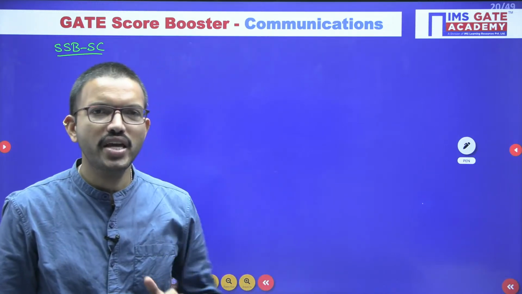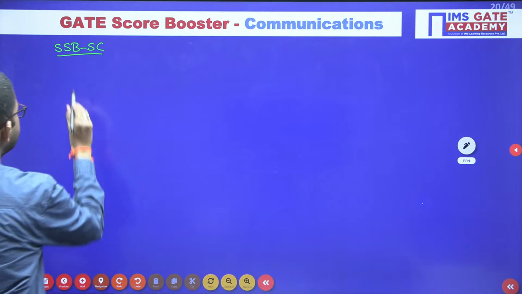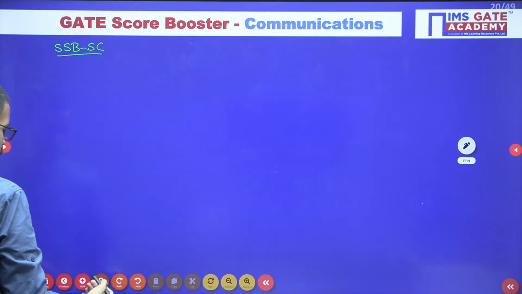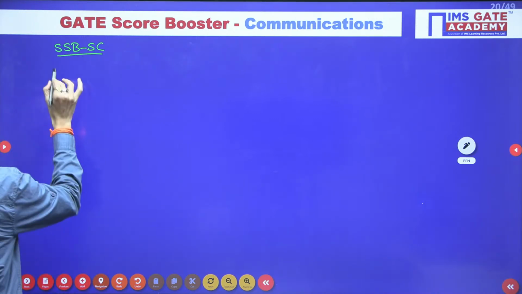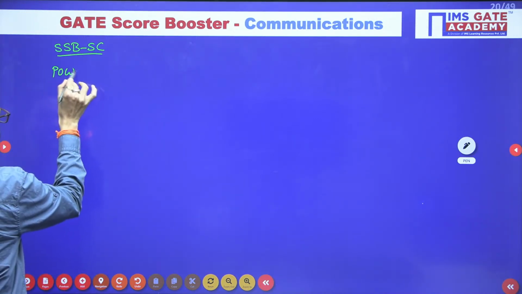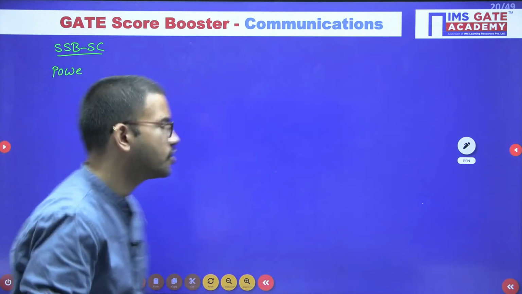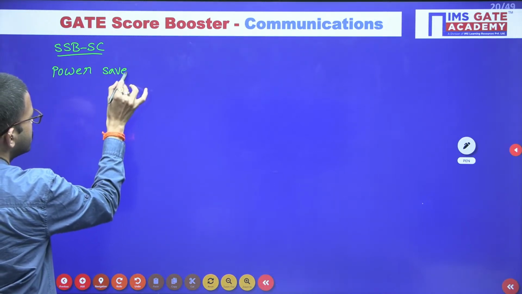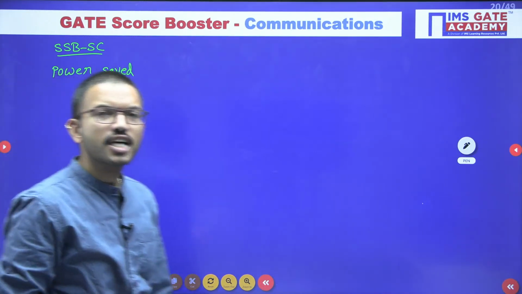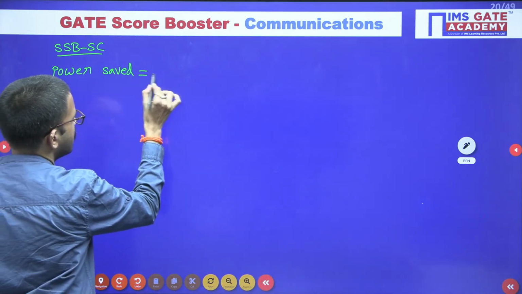That means when compared to AM, we have saved the carrier power, and we have saved one of the sideband powers. Whenever the questions are related to efficiency or power saved, they will ask in terms of percentage. So here the question is regarding power saved in SSBSC when compared to the AM signal.